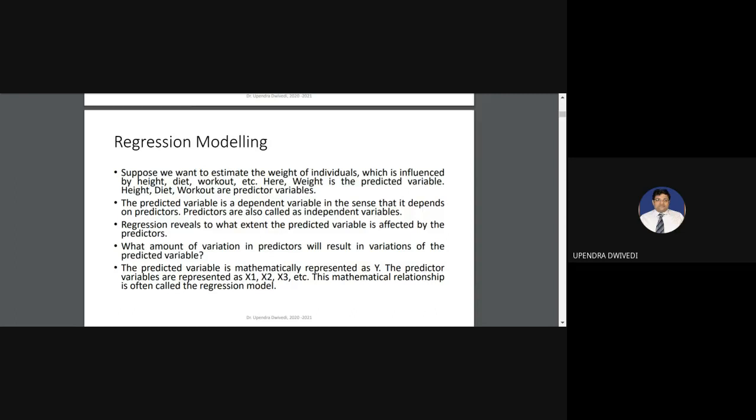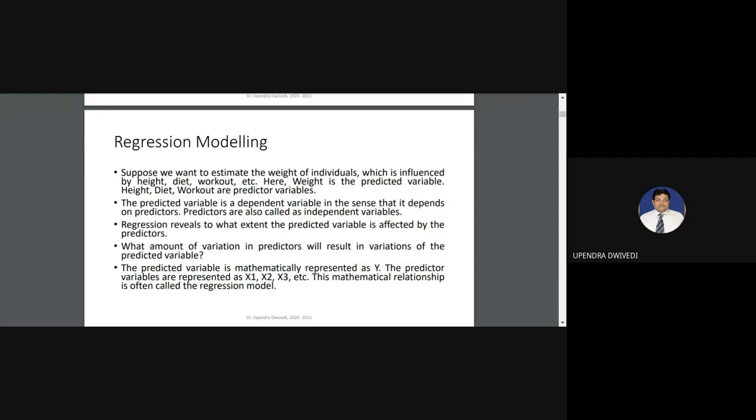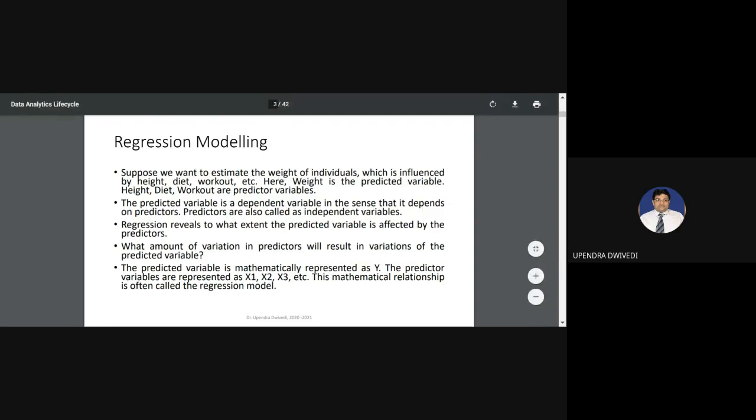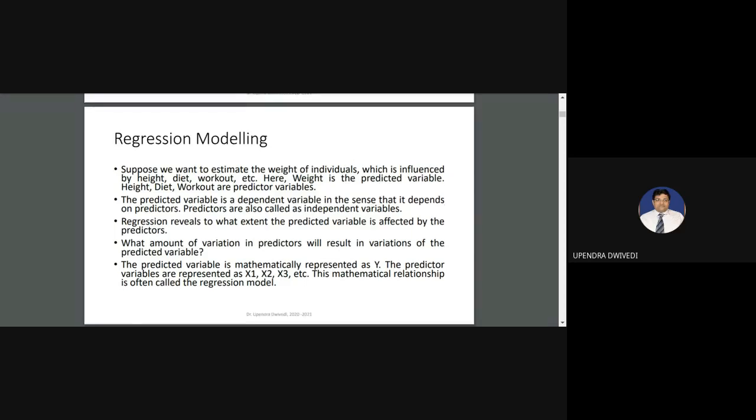So suppose we vary predictor variables like height, diet and workout; the predicted variable will also vary based on those elements. If I change a person's height, diet, and workout two times, then definitely his weight will be affected in that relation. The predicted variable is mathematically represented by y and the predictors by x1 and x2.